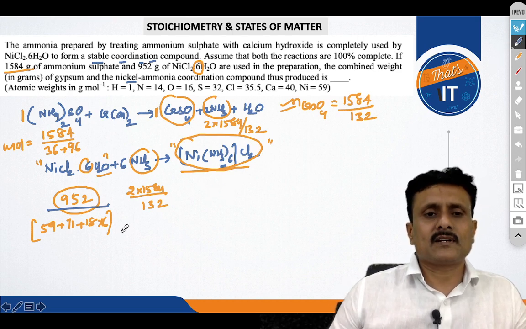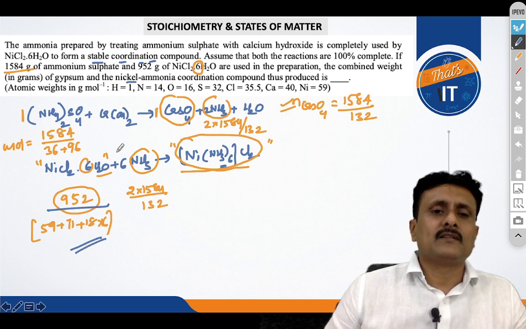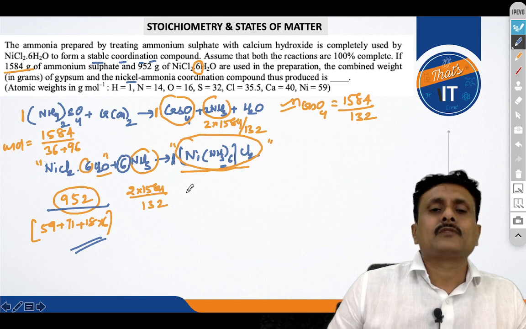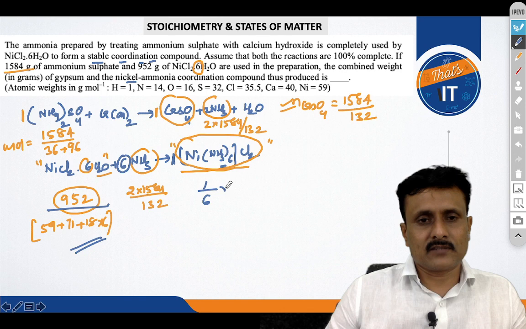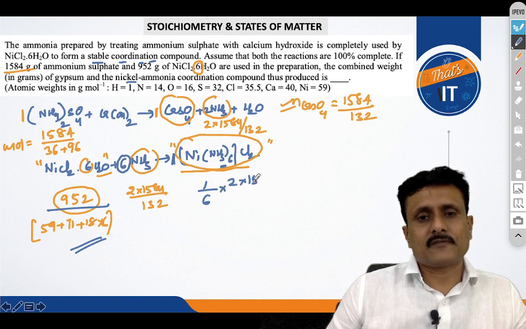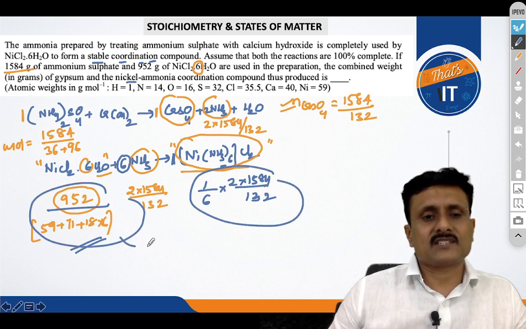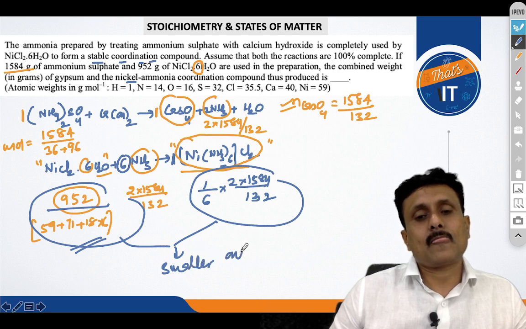So if nickel chloride is the limiting reagent, these are the number of moles formed. Similarly, if ammonia is the limiting reagent, 6 moles giving rise to 1 mole. So the number of moles of the nickel complex which would be formed is 1 by 6 into 2 into 1584 divided by 132. Among this value and this value, we have to check the smaller one is the right answer.